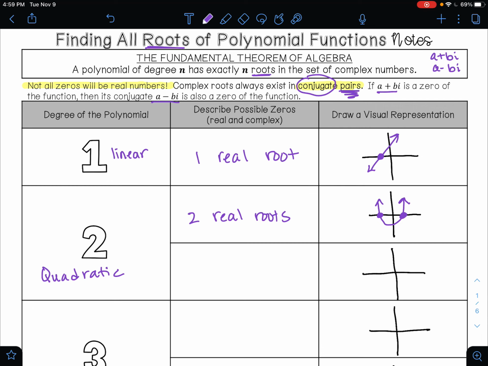But you could also have two imaginary roots. And that's going to happen when your parabola does not cross your x-axis. So that could be something like this. This parabola never touches this x-axis, and it will never. So the two solutions to this one are imaginary. They're not there.